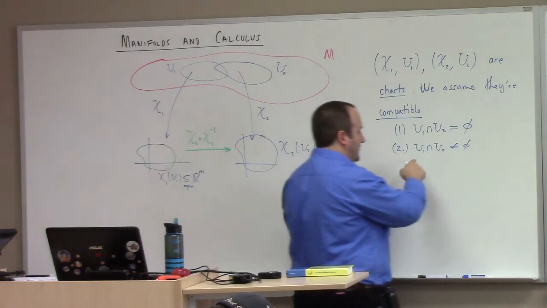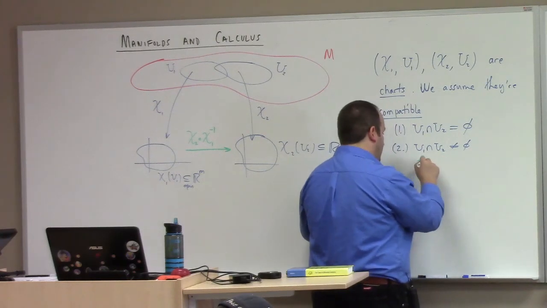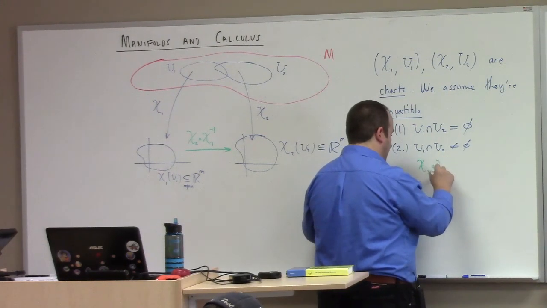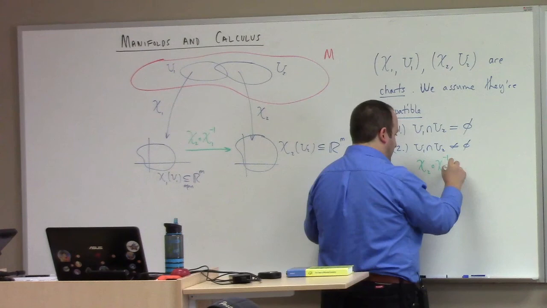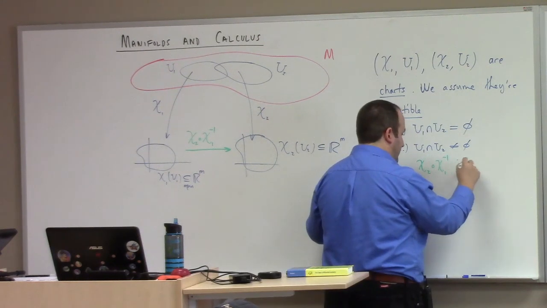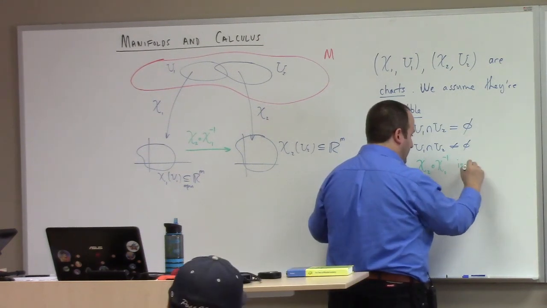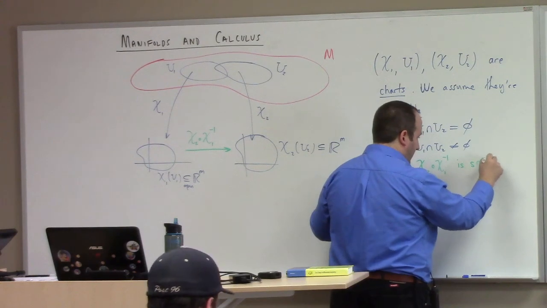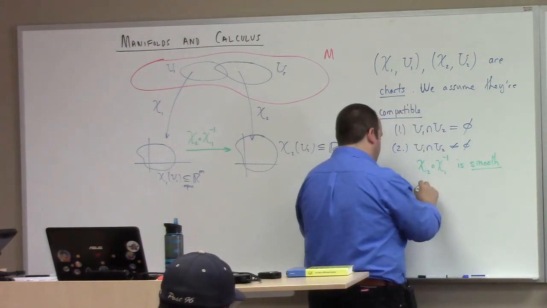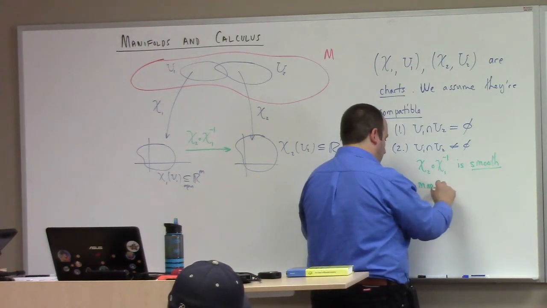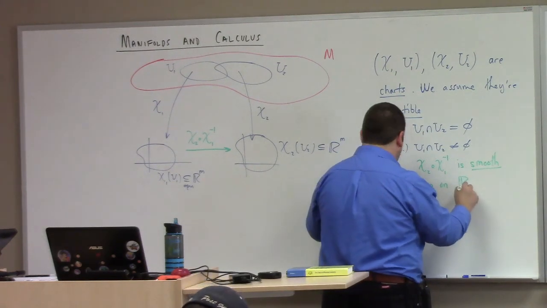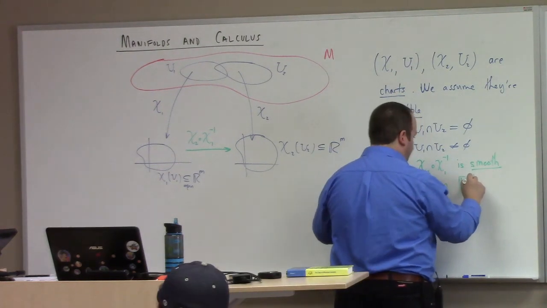So if the intersection is not empty, then we assume that chi2 composed with chi1 inverse is a smooth map on Rn, right?